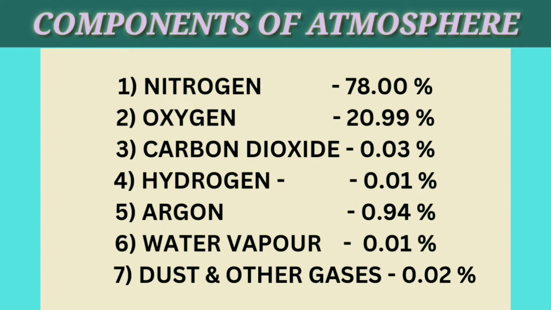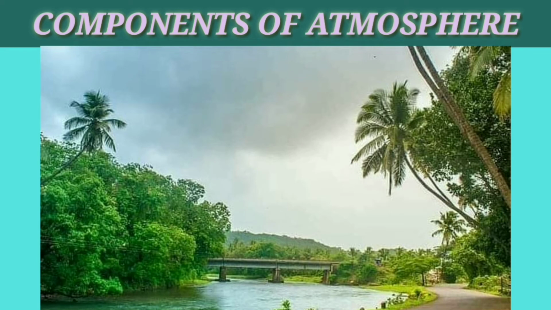This gas is used by all the living organisms for respiration. Atmosphere contains 0.03% carbon dioxide gas. This carbon dioxide gas is used by all the plants for producing their own food by the process called as photosynthesis.